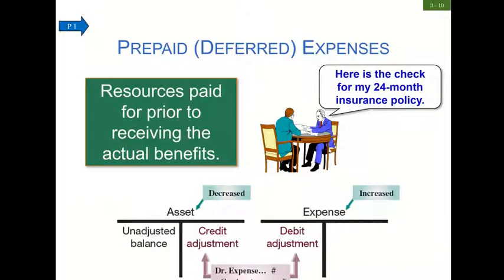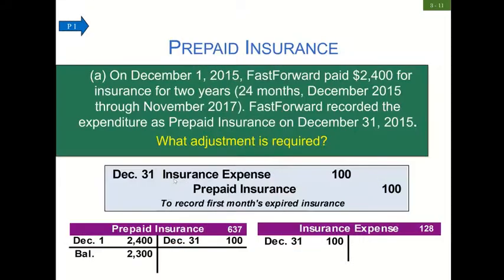Starting with the first type, which is prepaid or deferred expenses. In this case, the company pays for resources prior to receiving the actual benefits, for example, insurance.